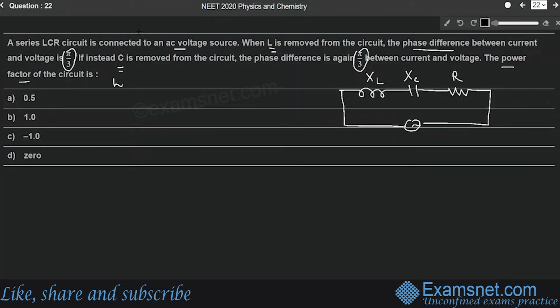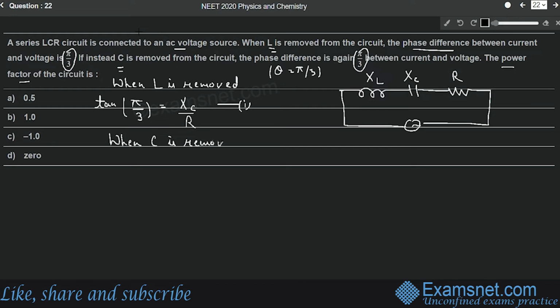Now in the first case L is removed. So when L is removed, that means the inductor is removed, then what will be the value of tan theta? Here we know that theta is equal to pi by 3, right? So tan pi by 3 will be equal to XC by R. This is the first equation. Now in the second case, C is removed. So when C is removed, what will be the value of tan theta?